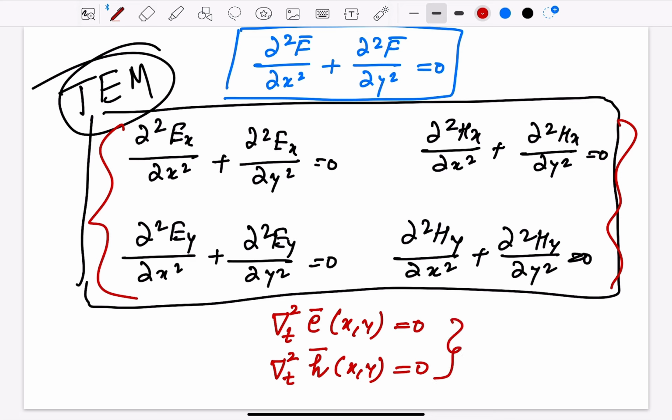Del t defines here the transverse Laplacian operator.